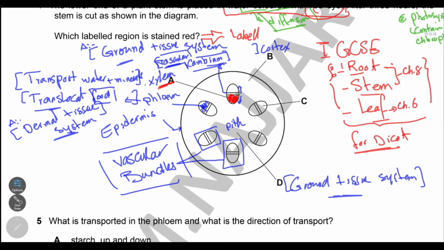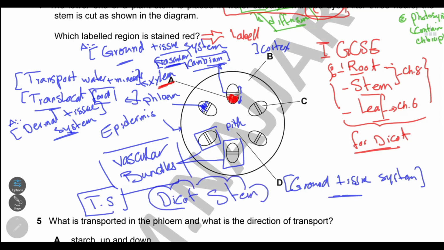This is the function of the phloem, this is the function of the xylem, and this is the highly detailed structure of the dicot stem. This is the TS, transverse section, in the dicot stem. We have to know this very, very importantly. So, roots, stems, and leaves. Okay, let's carry on to question number 5.